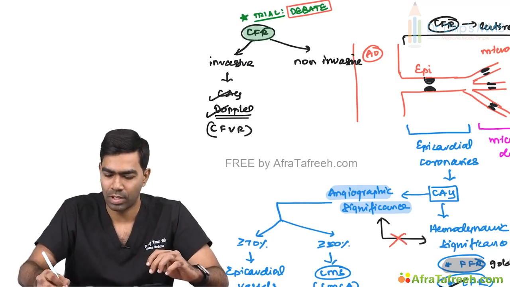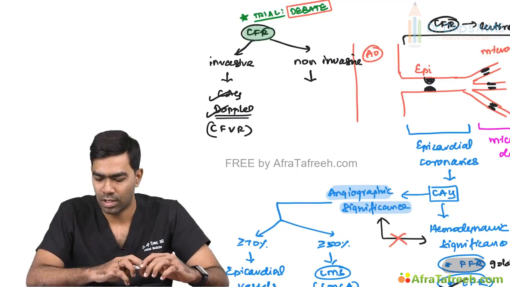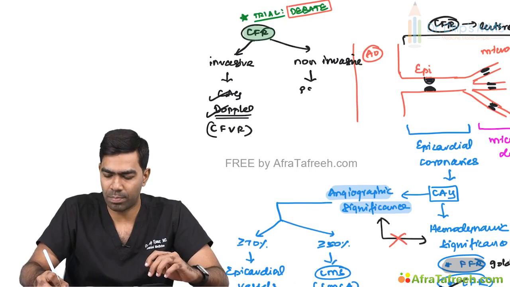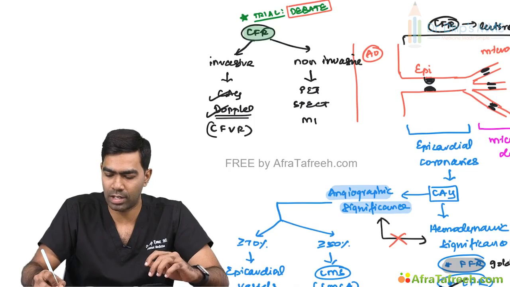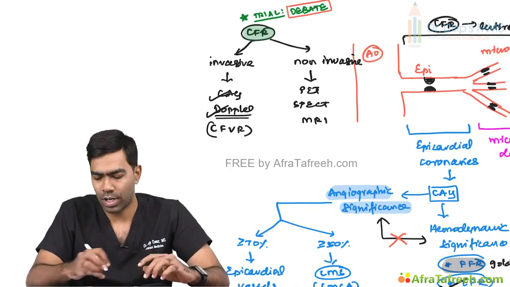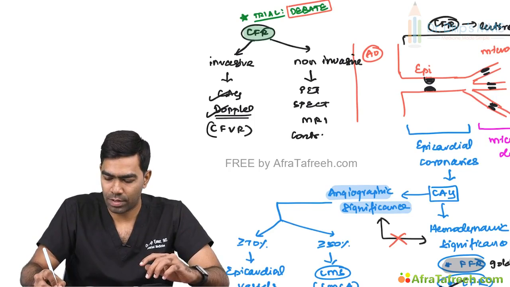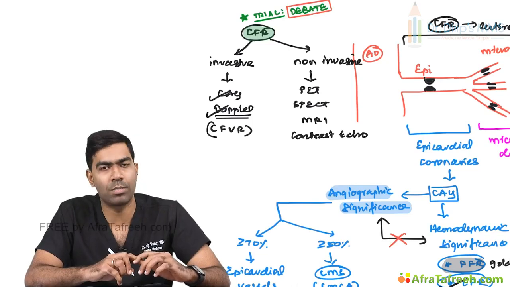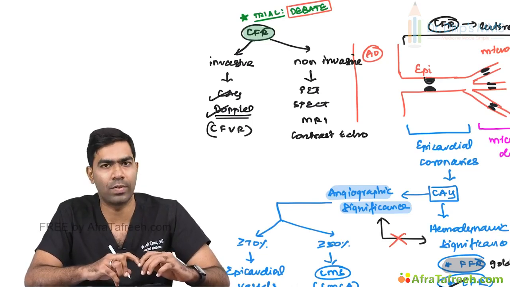That's CFVR. If you are going to assess using a non-invasive technique, the non-invasive technique can be either a PET, positron emission tomography, or a SPECT, or even you can utilize a cardiac MRI, or you can use something called a contrast echocardiography. So all these terms might be very new to you, but we will be discussing them subsequently in the subsequent chapters.